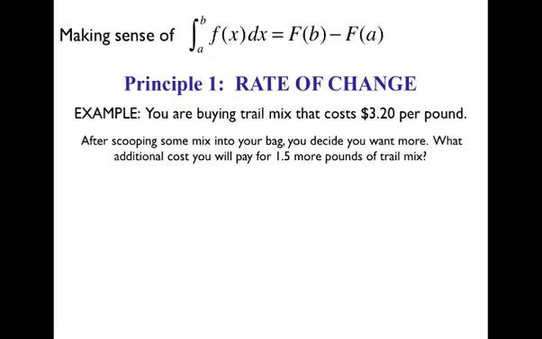What do you think? Did you figure it out? I don't want to make myself look like an idiot, but it should be $4.80. And how did you get $4.80? I took half of $3.20 and then I added it to the full cost, which is $3.20 total. Okay, so you went a little more in depth than I was looking for. You were explaining how you did the calculation.